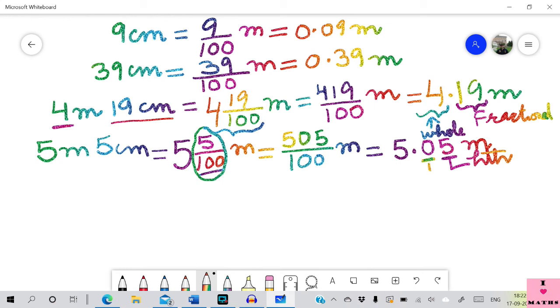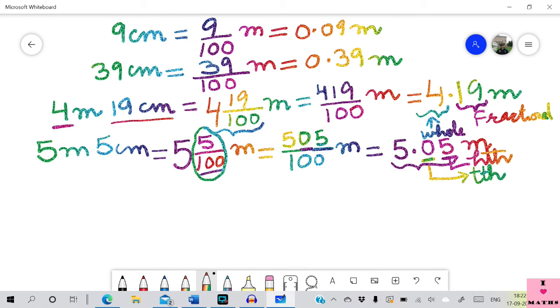It will come on the 100th place only if we put a 0 at the 10th place. Then only 5 can come at the 100th place. So see here, 5 is there, and there is a 0 in front of 5. So that is the reason we write it as 5.05.